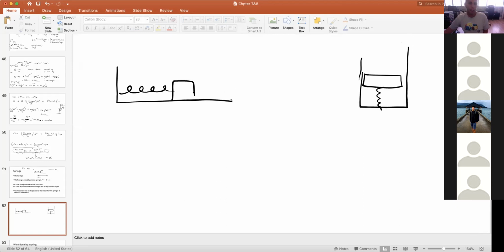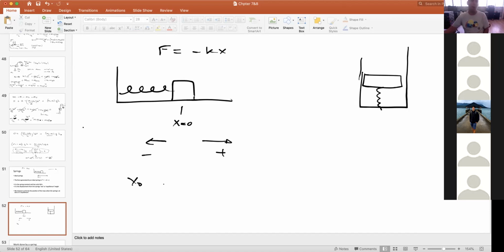So in this case, we say that at rest, right at the center of the block, x is 0. And if we push it to the left, this is negative. And if we push to the right, this is positive. So initially, we have to push the block in. So there's going to be some x initial, right? And then the force on the block at any time is minus kx.